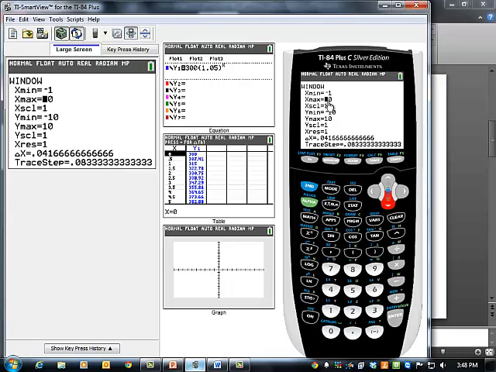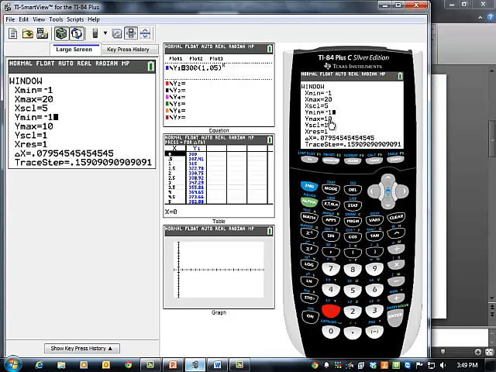All right, the maximum amount of time, let's say we invest for 20 years, and we can make our scale every 5 years. That's just the tick marks. Now, the y minimum, what's the minimum amount of money in our bank account? Well, again, it's really 0, but I'm going to make it negative 1 just so I can see the axis.